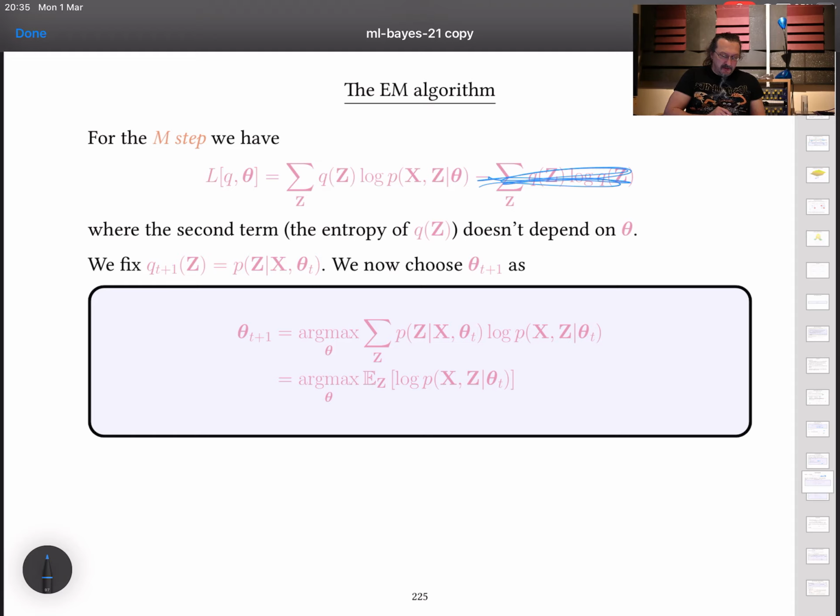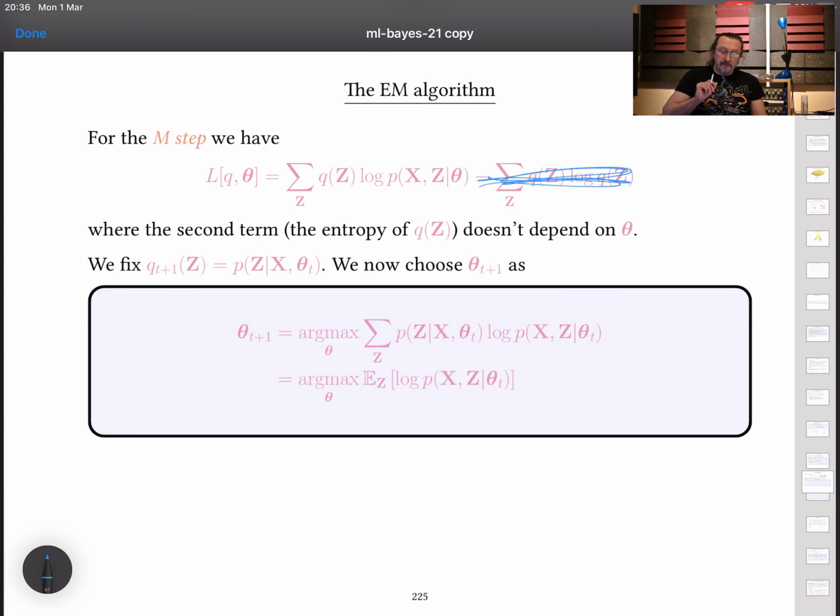Well, we've just said that we are fixing the t+1th value for Q to be a specific distribution. That was the previous step in this iterative maximization process. If we plug that result from the previous slide in, then we have the expression in the shaded box.